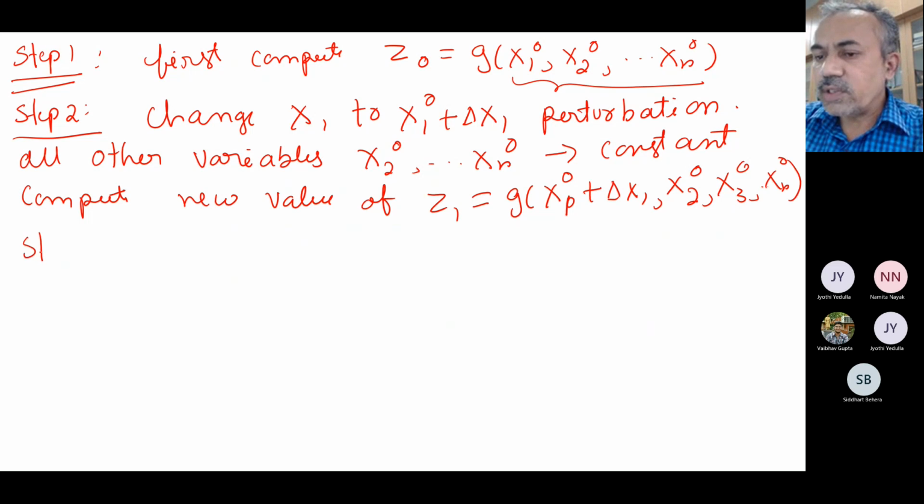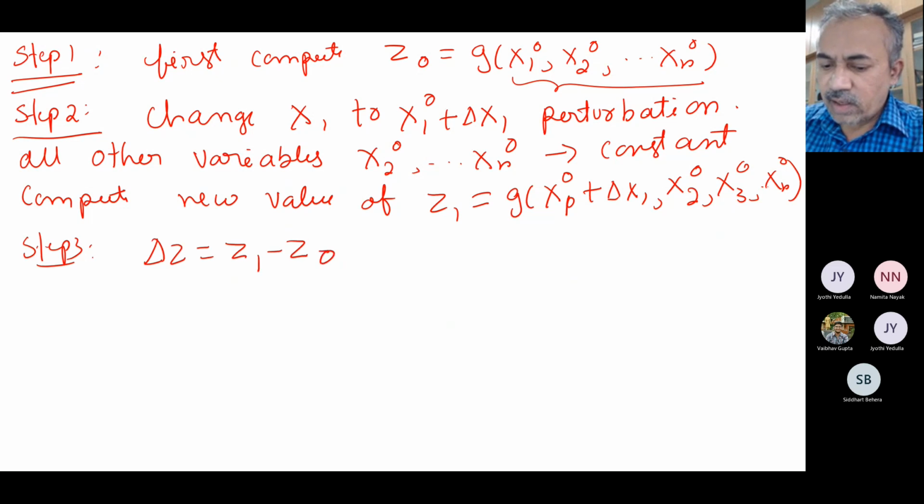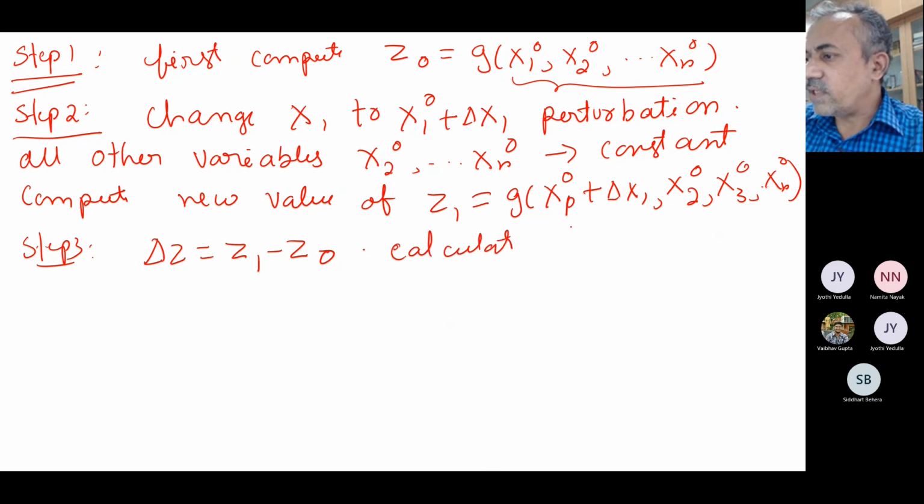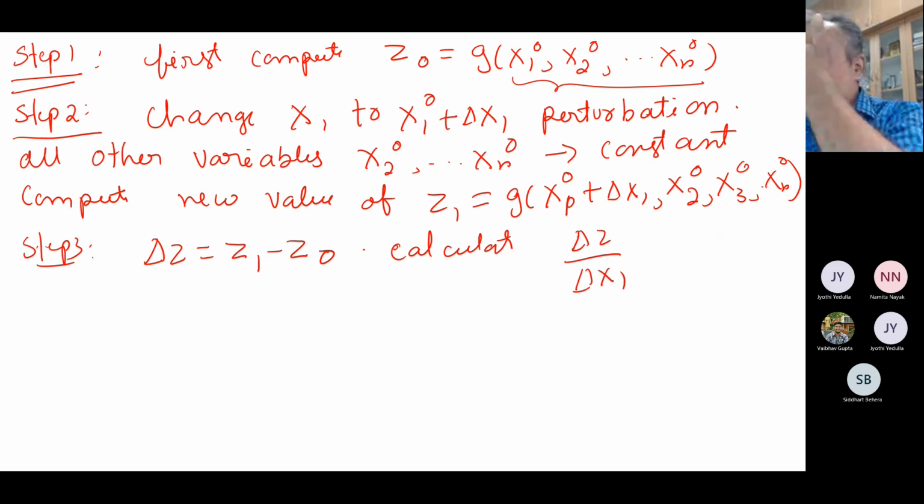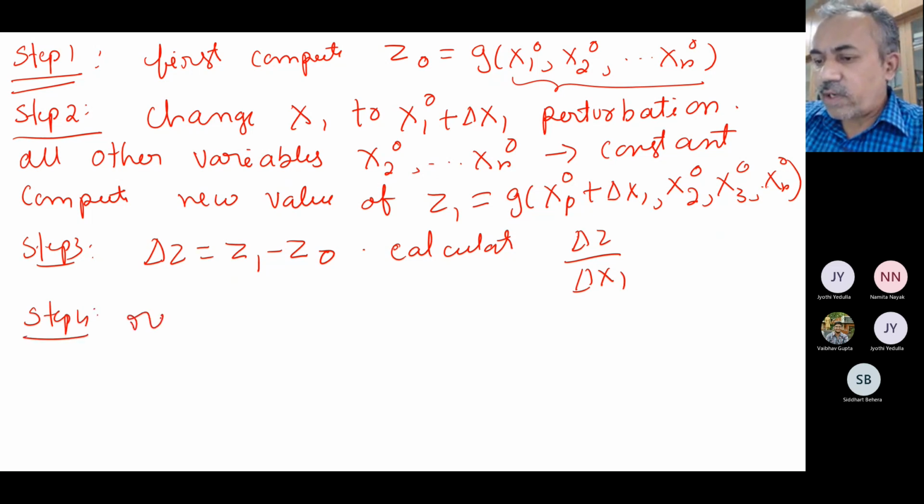So now you find out delta z basically, which is z1 minus z naught. So this you find out, and then you calculate dz by dx1. So this will give you the derivative of z with respect to x1 itself. So now this way you repeat for all the other random variables.